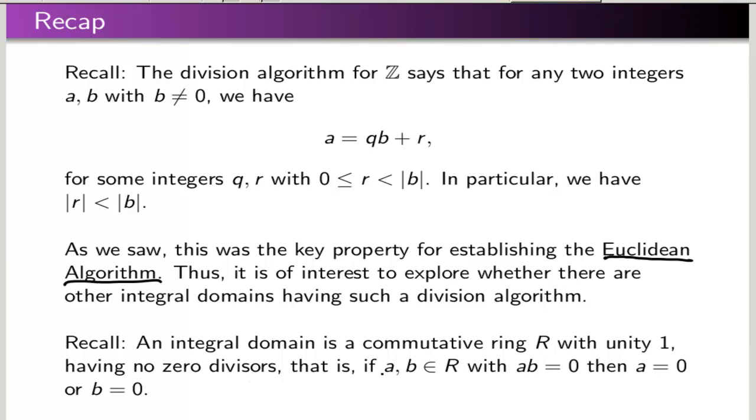That means if you give me any two elements of the ring such that the product is 0, then either A equals 0 or B equals 0. So a zero divisor means some non-zero element of your ring that you can multiply by another non-zero element to get 0. And so an integral domain has no zero divisors.